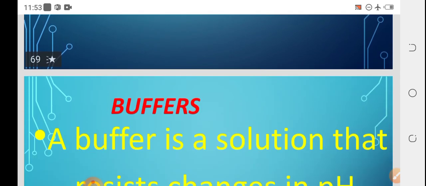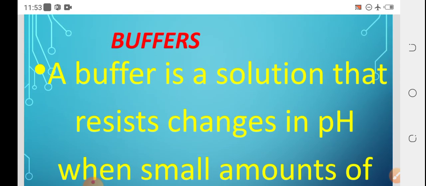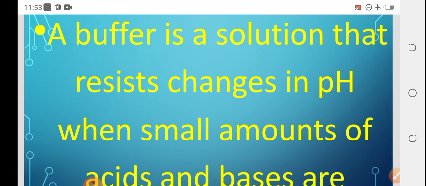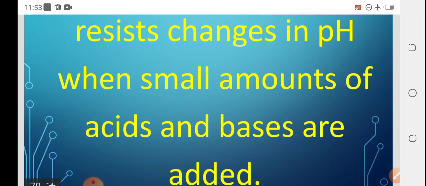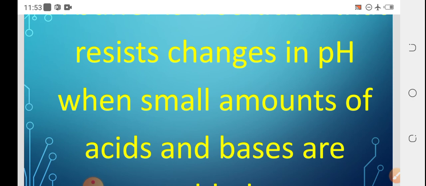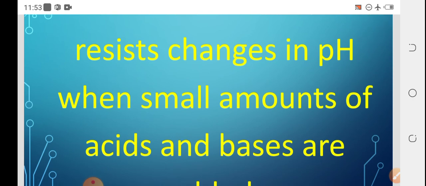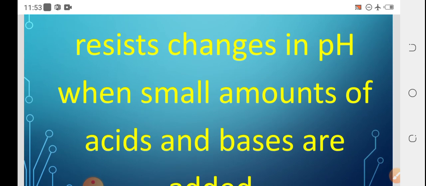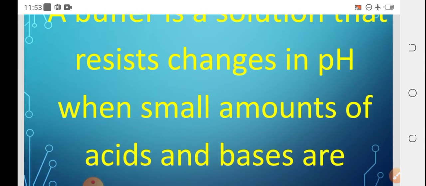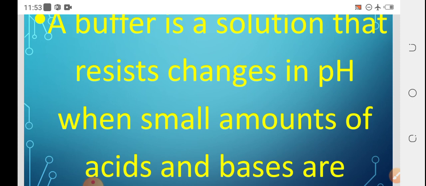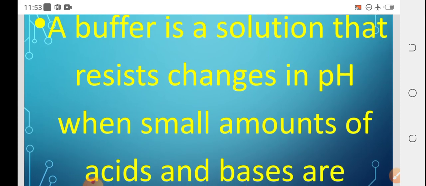Next, what is a buffer solution? A buffer is a solution that resists changes in pH when a small amount of acid or base is added. Resists means it opposes the change, and that is called a buffer.